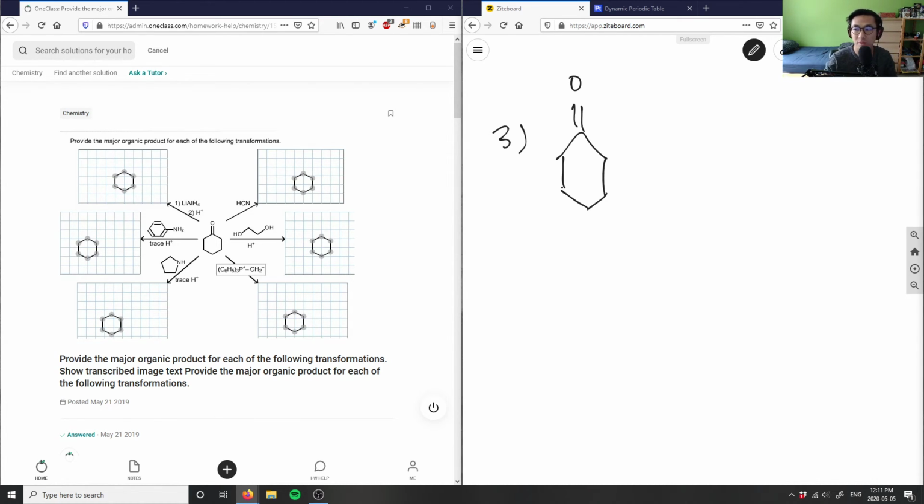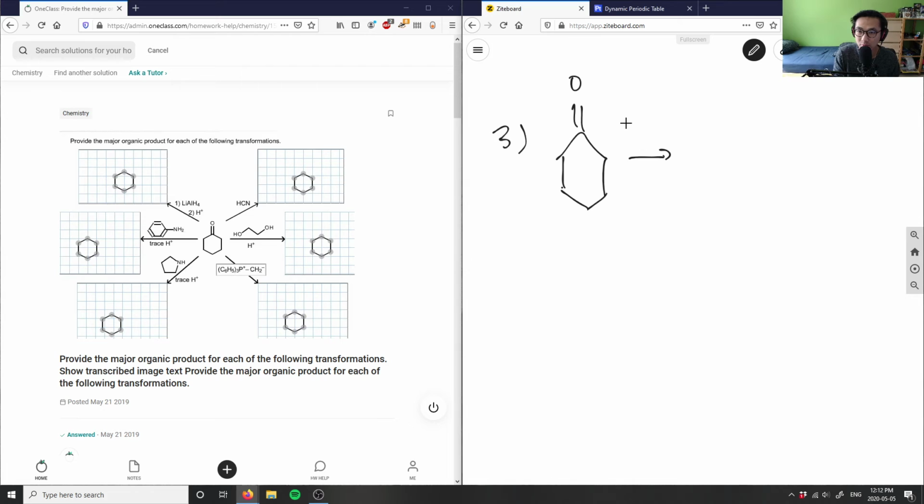So we're looking at the carbonyl group, and we're seeing that lithium aluminum hydride is a reducing agent, not oxidizing. I'm mixing up with potassium permanganate. Sorry. So as we know, LAH, lithium aluminum hydride, is a reducing agent.